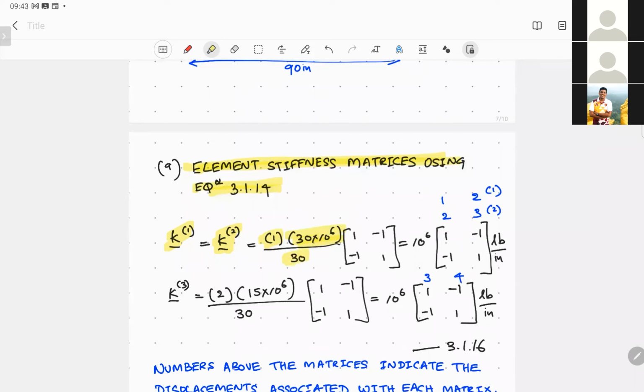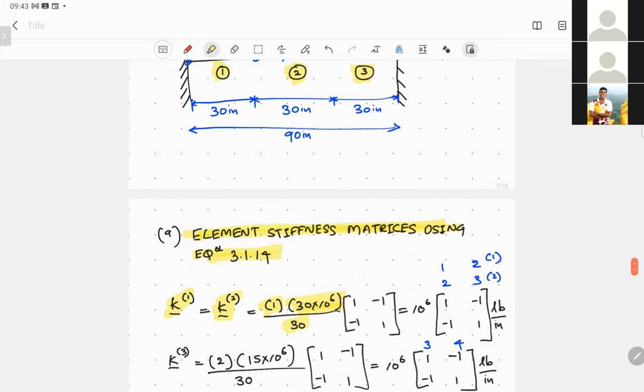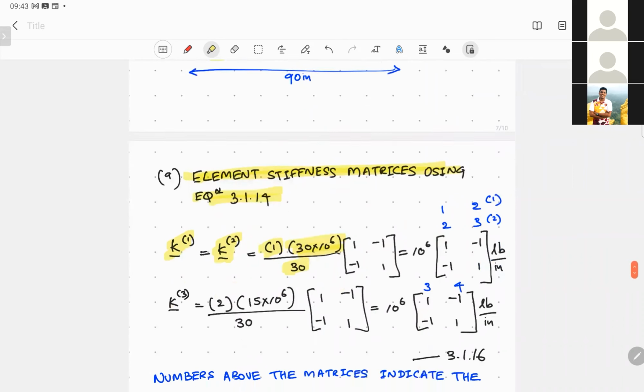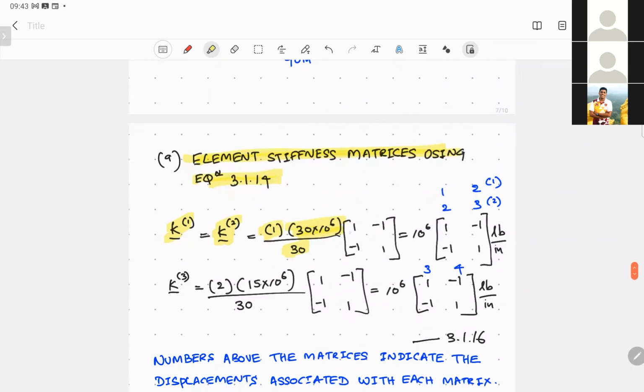So I will be using the imperial units in this particular example. So 30 is the initial length, 30 inches here, and you write down nothing but the stiffness matrix, which is a symmetric matrix where the off-diagonal elements are -1. You can simplify this equation to express the element stiffness matrix in this manner.